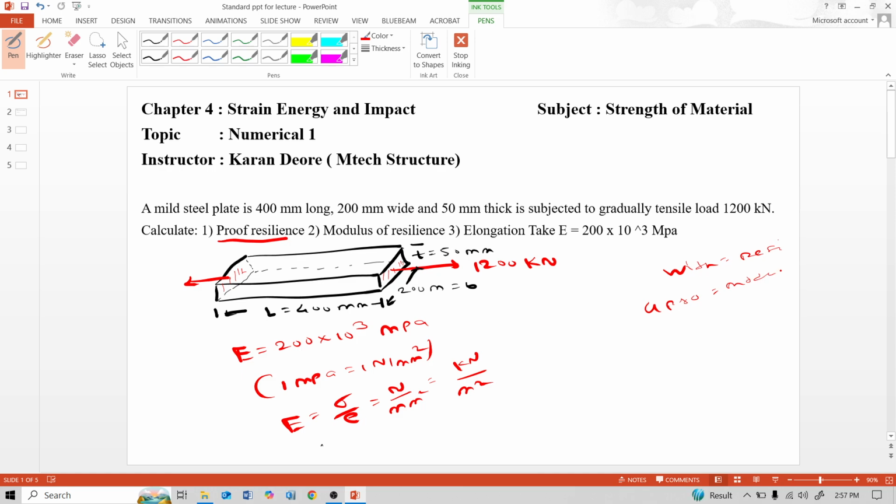We saw that in our previous video lectures. And elongation is denoted as delta L, and strain is known as change in length upon original length, and this elongation is denoted as delta L.